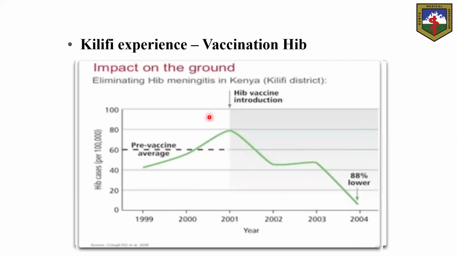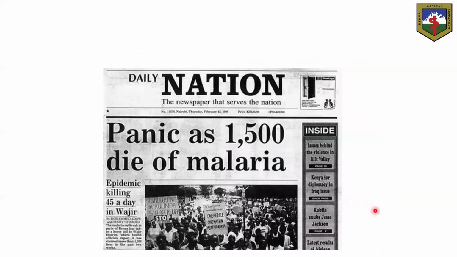And so when the pre-vaccine coverage, the cases were about 60 per 100,000, and by 2004, there was almost 88% lower. So the data is a bit old there, but the curves there just give you the trajectory which you can almost extrapolate to where we are at today.